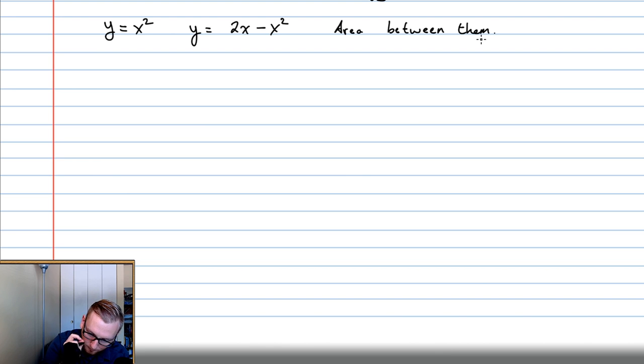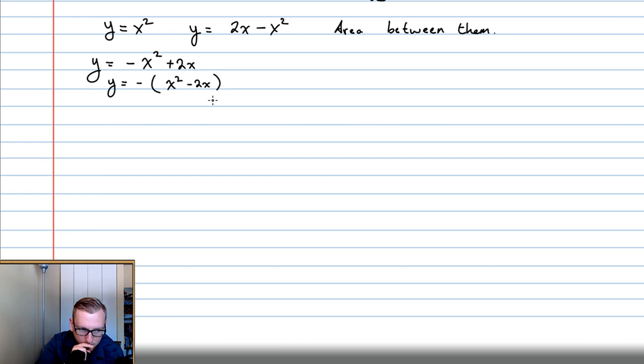Okay, let's graph these. The first one, y equals x squared, is just the standard one, so that's pretty easy. Let's put the other one in vertex graphing form. We got minus x squared plus 2x. I'm going to take out a minus sign so that I get x squared minus 2x.